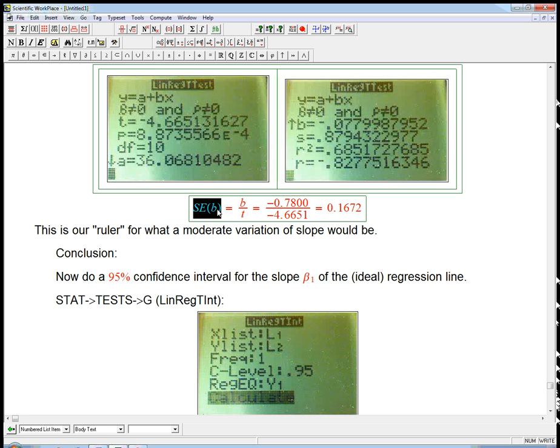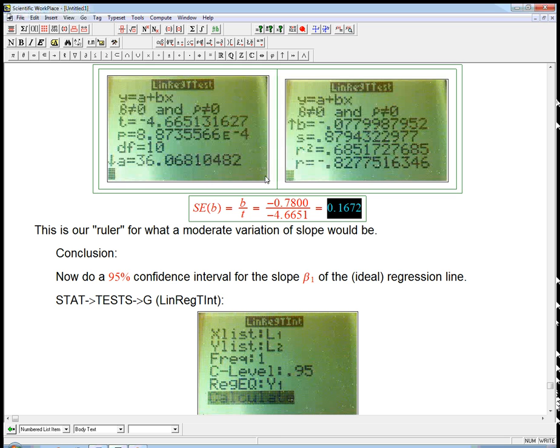That's just a natural ruler of, given this sample, how much variation are you likely to see in the slope. So roughly it's saying, if I took another sample, how much would I expect the slope to change by? They point out that even though the calculator isn't quite smart enough to give that to us, you can take the B value divided by the T value, and you can get that. You can reverse engineer it.